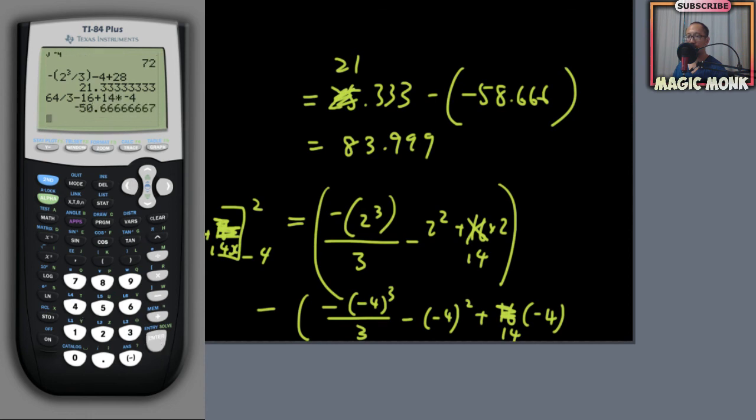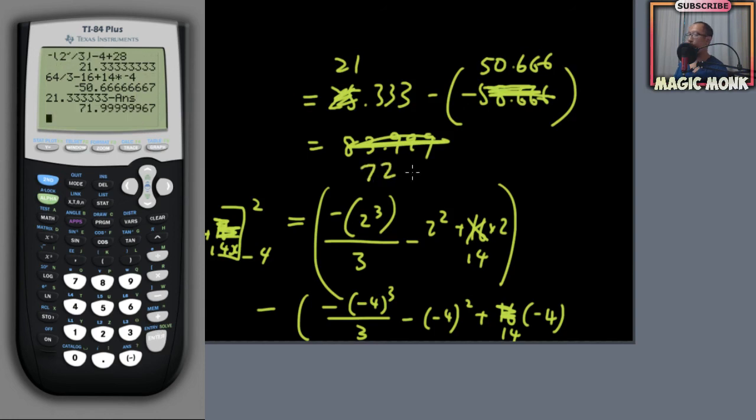Okay, so this bit should be negative 50. And then the answer should be 21.333 minus that. So the answer is 71.99, which is 72.